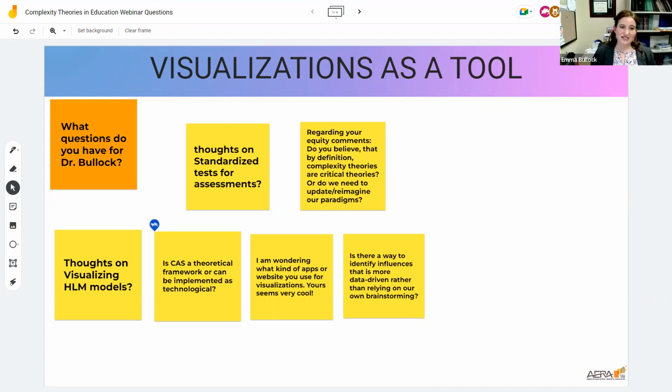Thoughts about standardized tests for assessments. I think that they are an important part of the complex adaptive system. Particularly in Texas, standardized systems drive instructional choices. They influence heavily the decisions that school leaders make about personnel and where to place them.